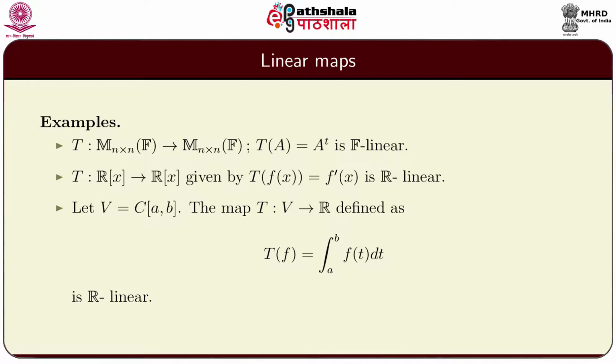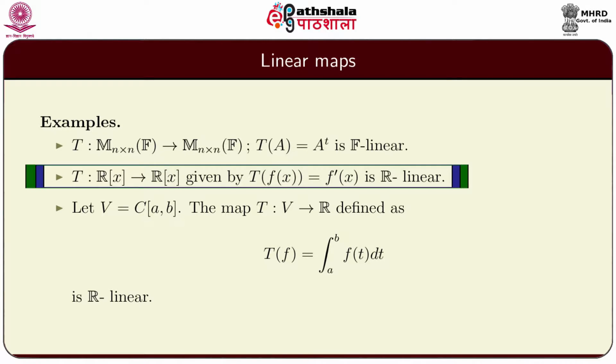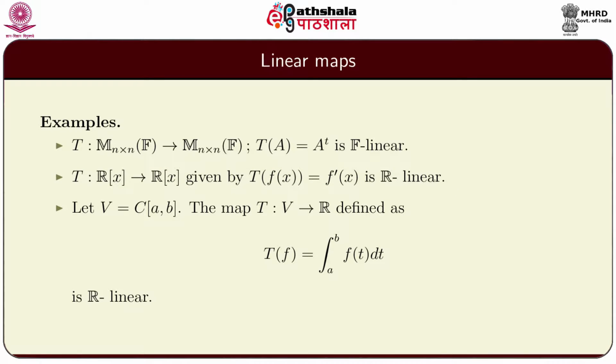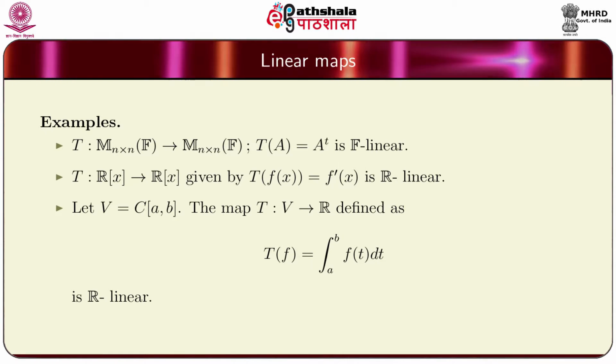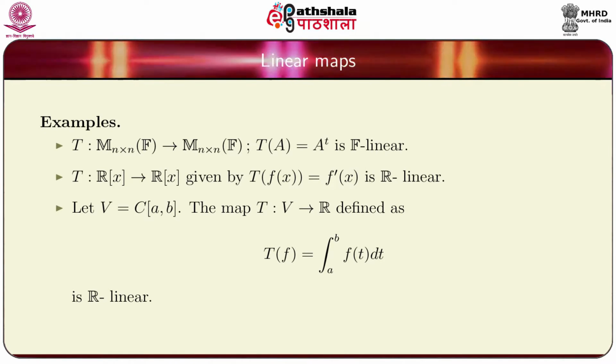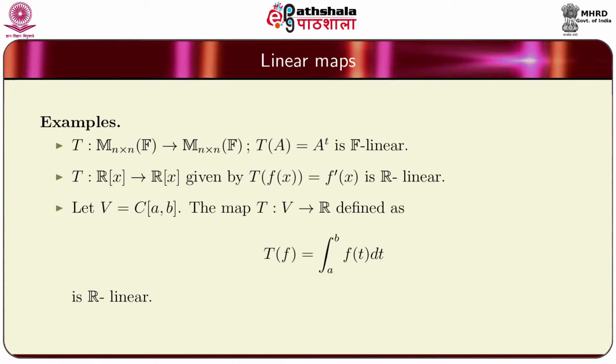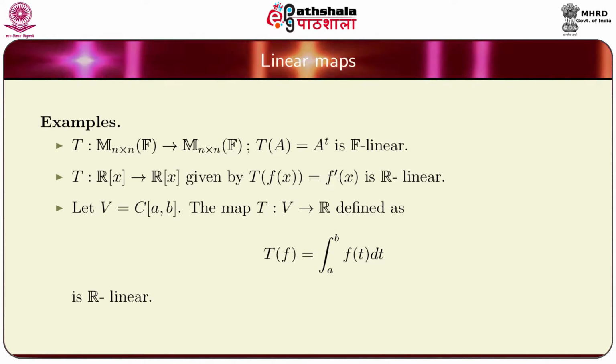The next one talks about the differential operator. So, the vector space in this case is the collection of all polynomials with real coefficients in the variable x, R[x], and T from R[x] to R[x] is defined as T(f(x)) equal to f'(x), the usual derivative of the polynomial f.